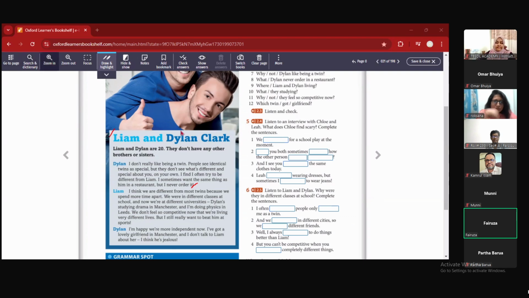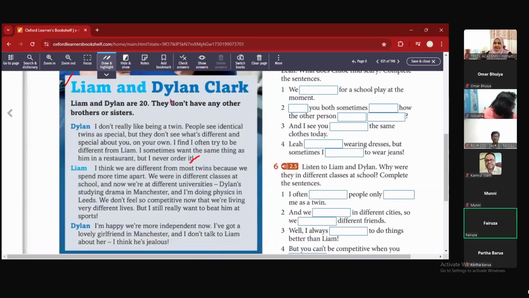People see identical twins as special, but they don't see what's different and special about you on your own. I find I often try to be different from Liam. I sometimes want the same things as him in a restaurant, but I never order it.